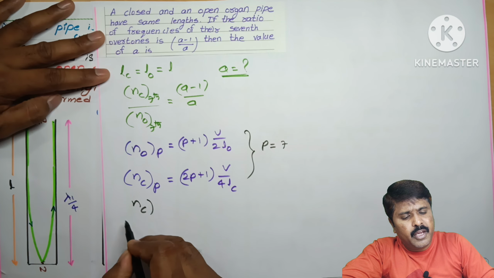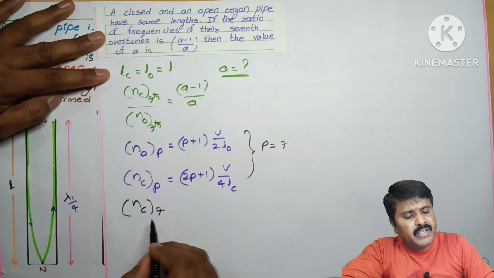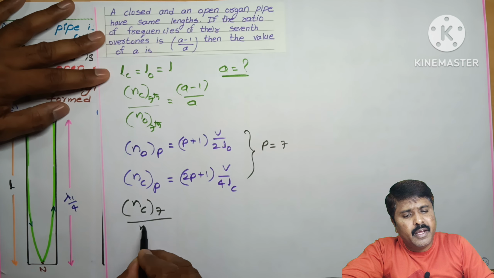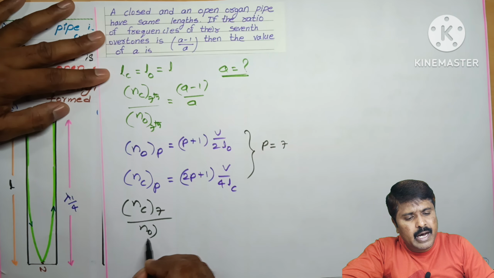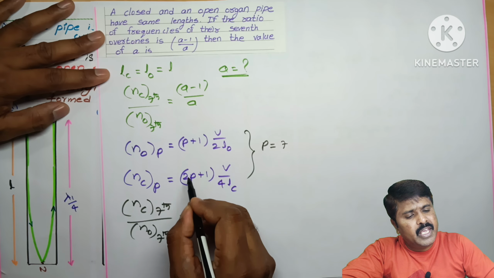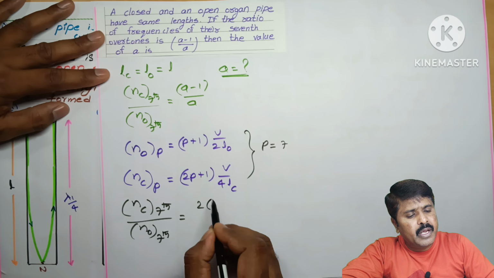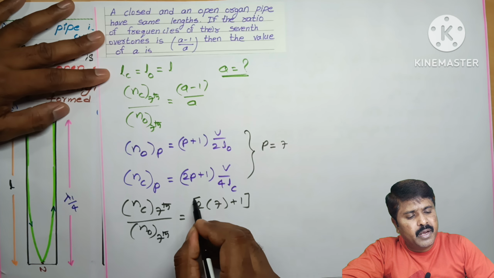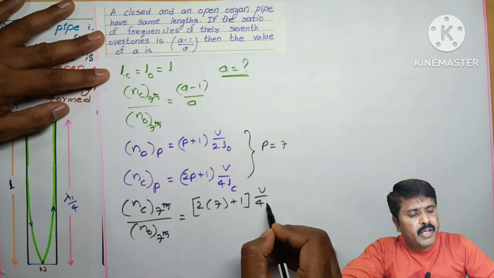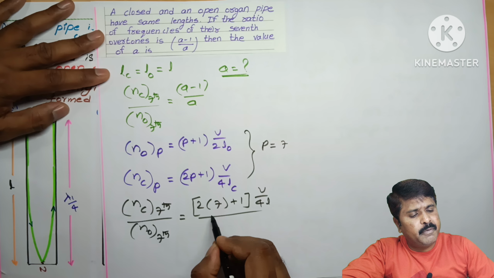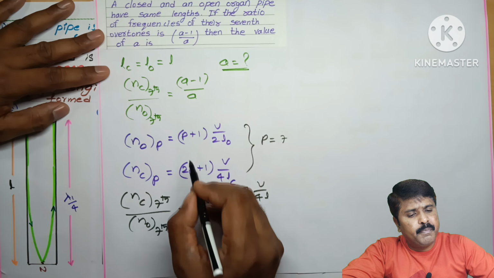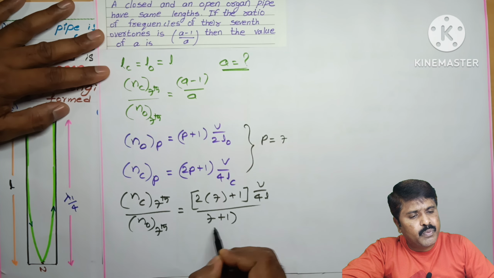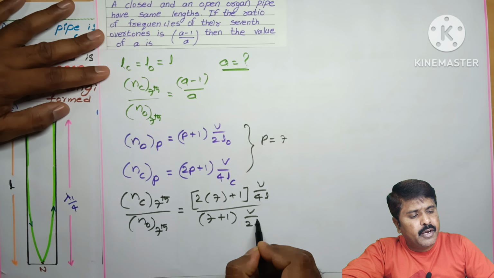So replacing that, NC of 7th overtone divided by N0 of 7th overtone is equal to 2 into P, 7, plus 1, into V divided by 4L, common length, divided by P value 7 plus 1, V divided by 2L.